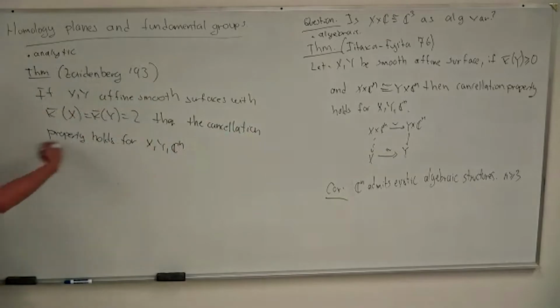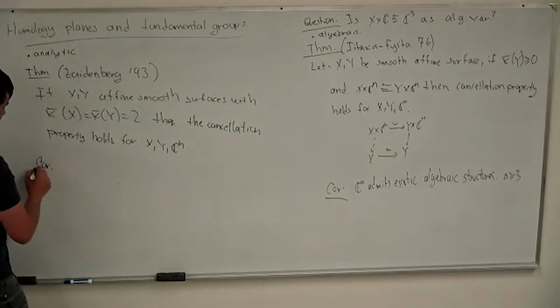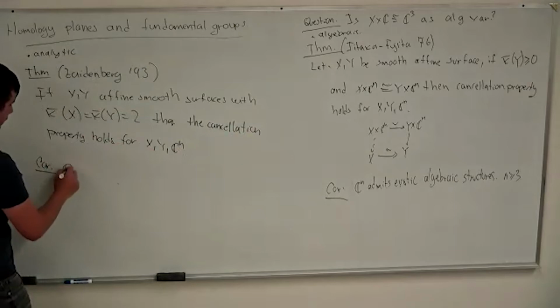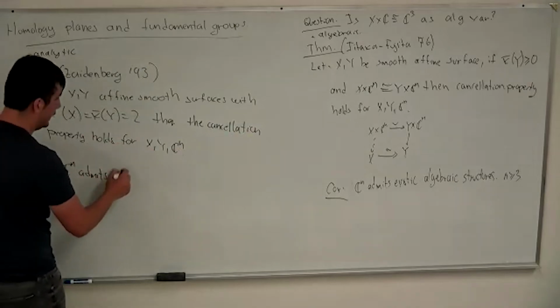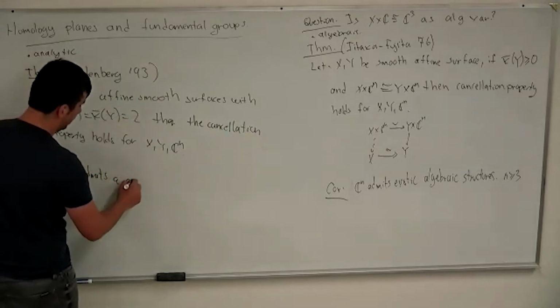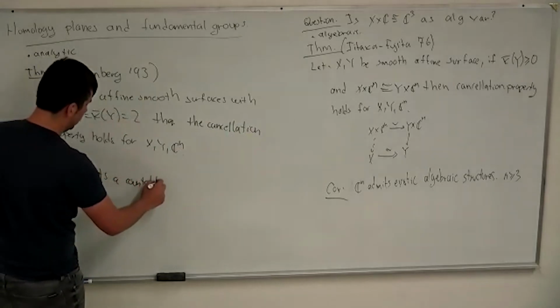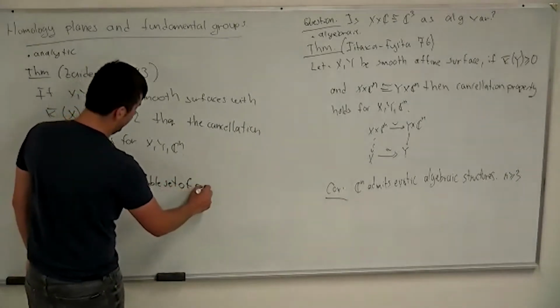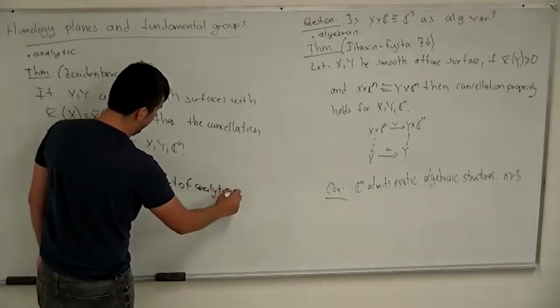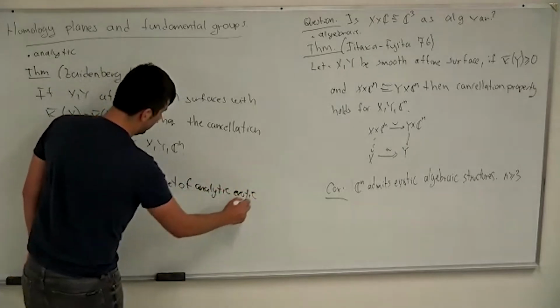And so again we get a corollary of this, is that Cn admits, and actually he found a countable set of analytic exotic structures.